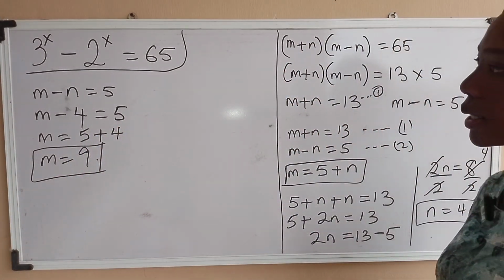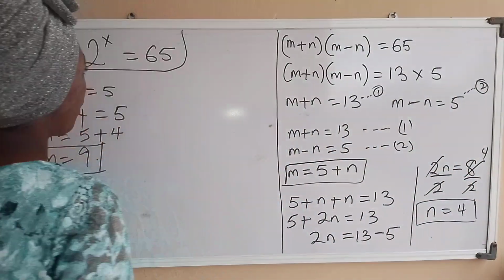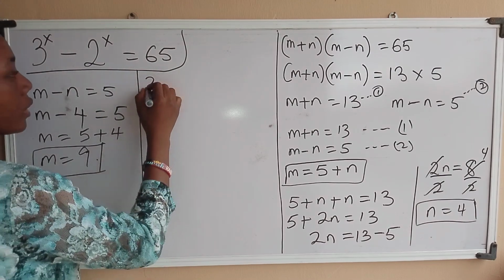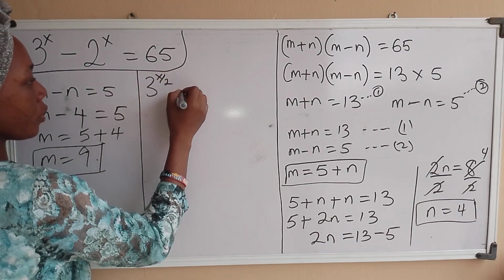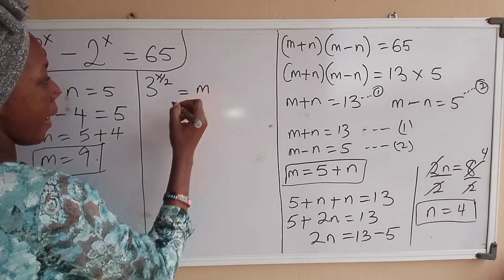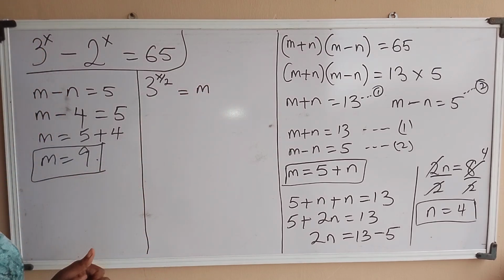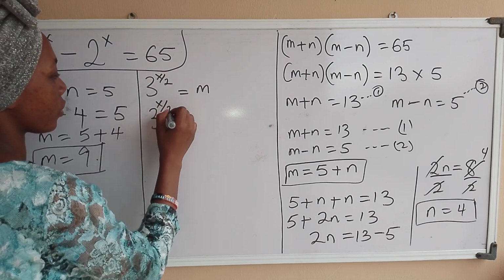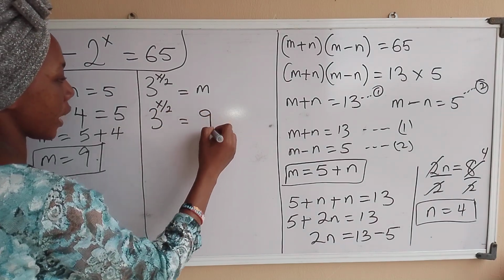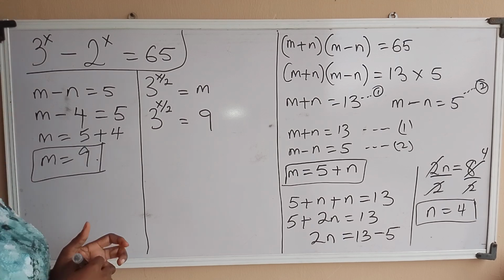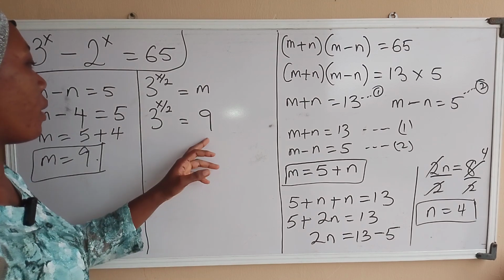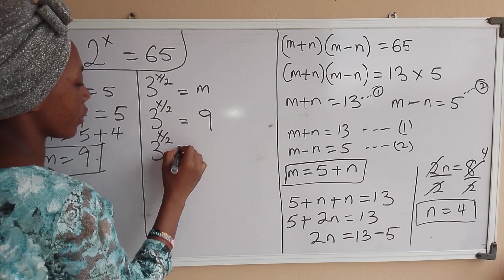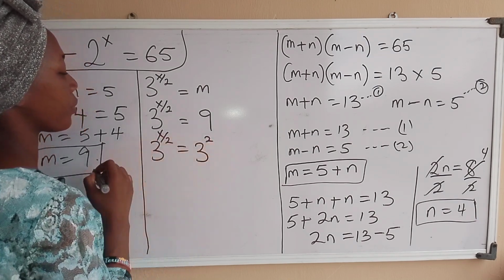All right. So the next thing we are going to do, remember we said let 3 to the power of x over 2 be what? m. Is that not so? So if that is the case, 3 to the power of x over 2 is equal to 9. Now we are going to simplify this by saying 3 to the power of x over 2 equals 3 to the power of 2.